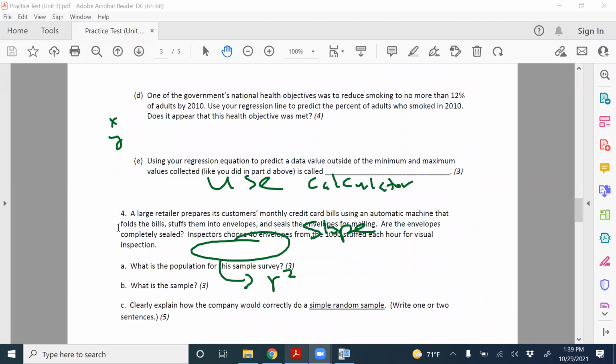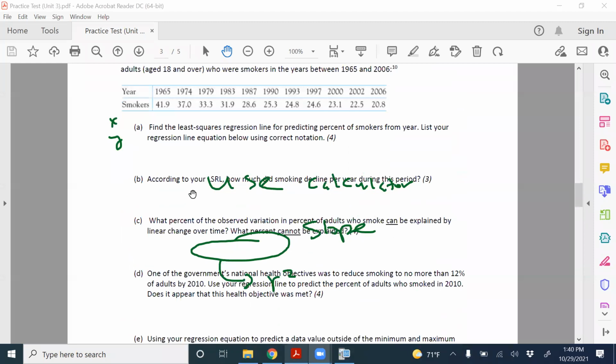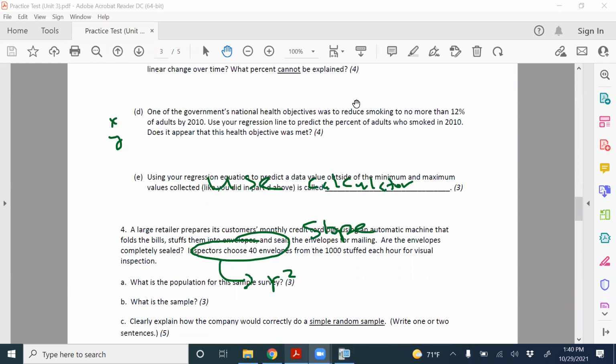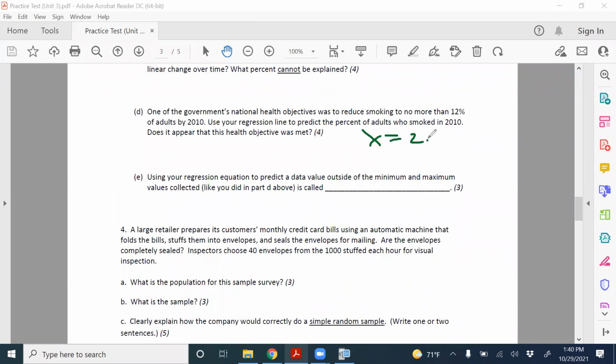For part D, one of the government's national health objectives is to reduce smoking to no more than 12% of adults by 2010. Use regression to predict the percent of adults smoking in 2010. Obviously, if you're letting x be the year, you just plug in x equals 2010. There you go.